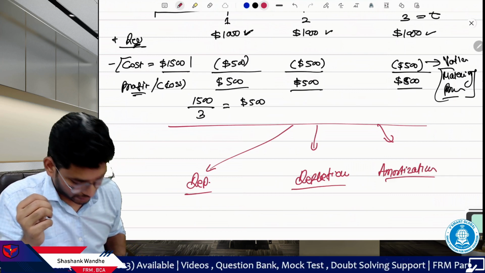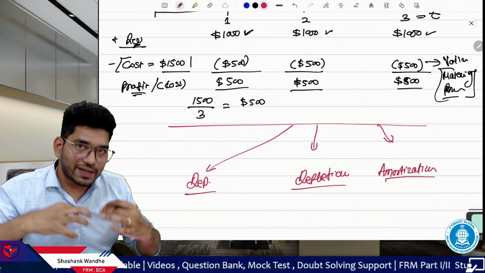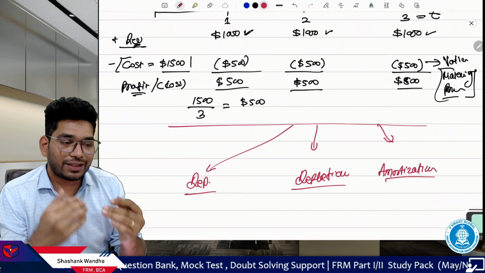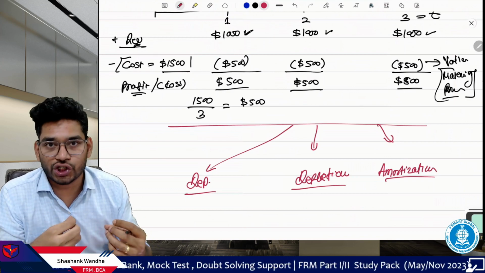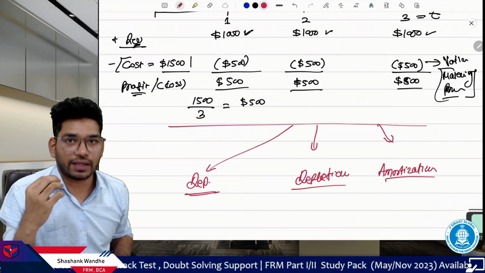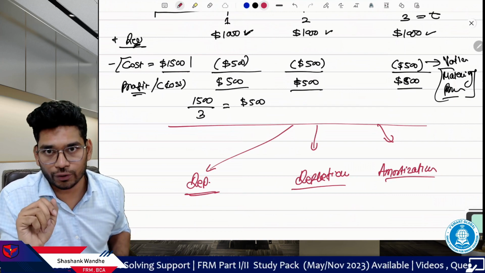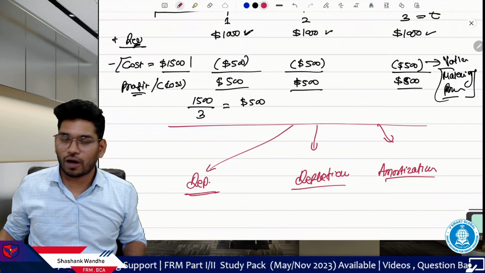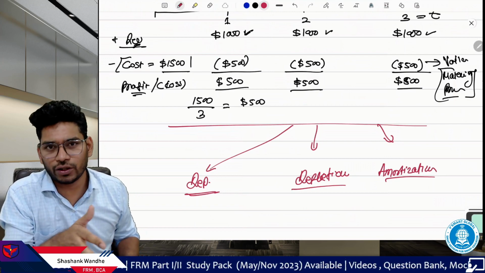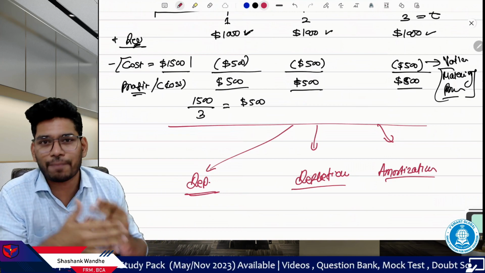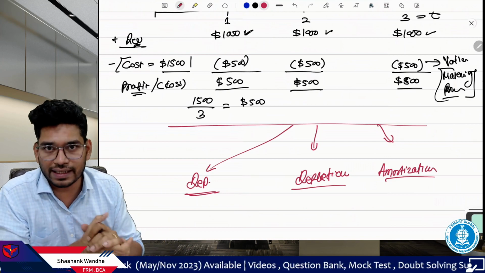Now understand the difference. First of all, on concept level or on technical level, there is no difference. The change is in wordings only, or the nomenclature. Depreciation means decline in value. If you consider a particular laptop, with every year you will see decline in value of any machine or laptop or car or similar assets, right?